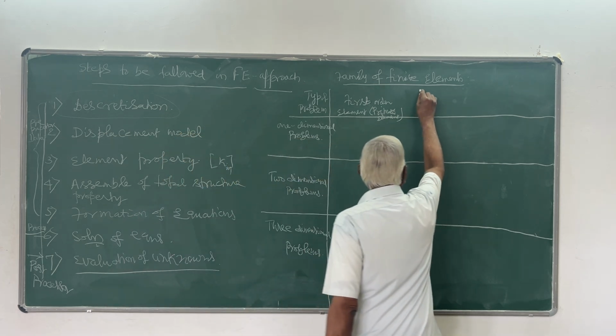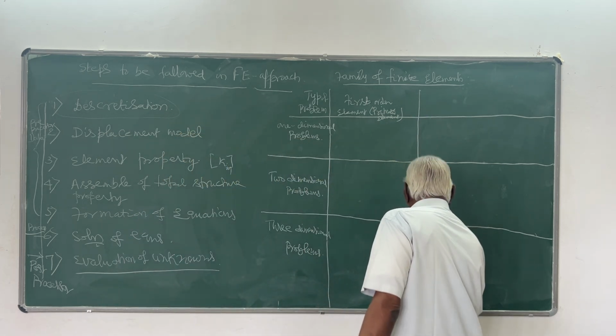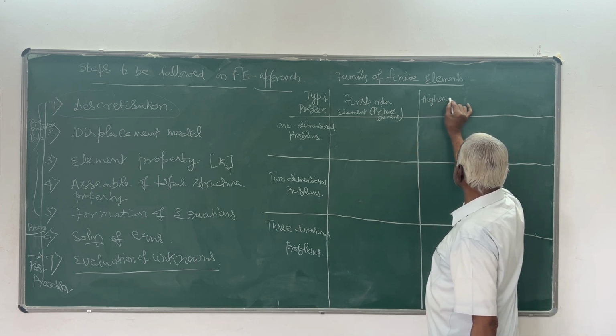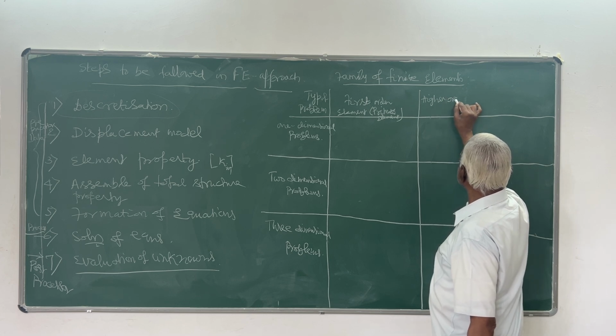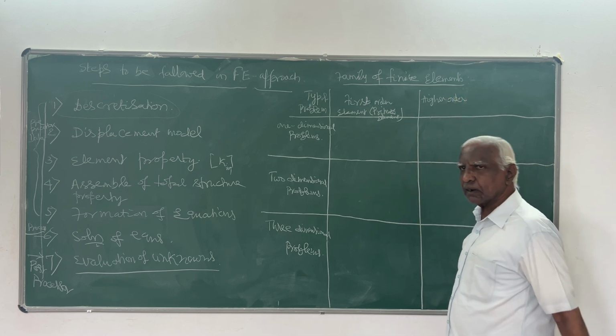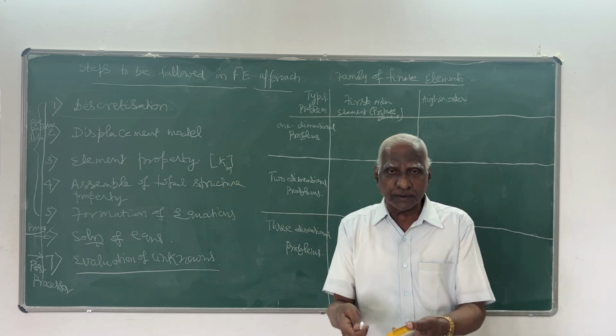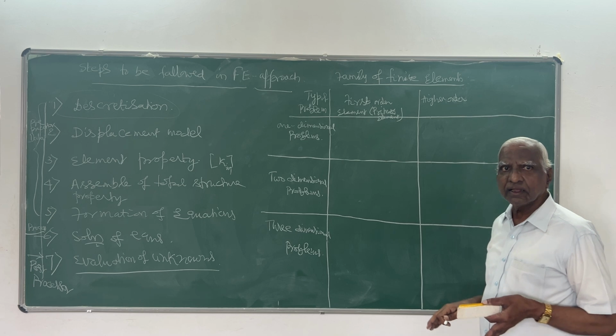Next, you have higher order elements. To improve the accuracy, you are going to use more number of elements as well as more number of nodes, that already I have told, to improve your accuracy of the final results.